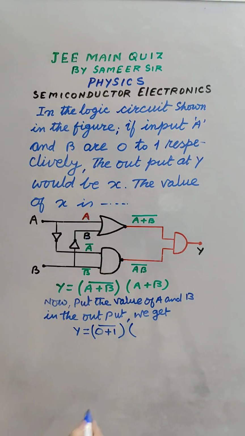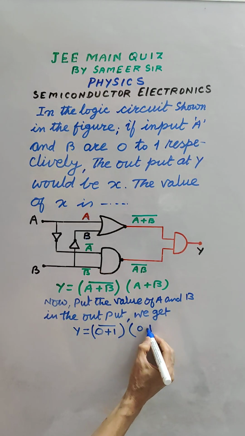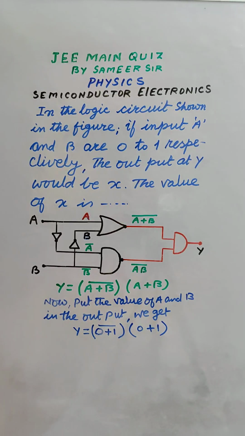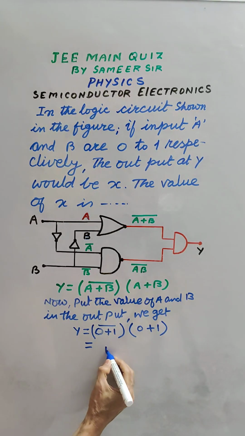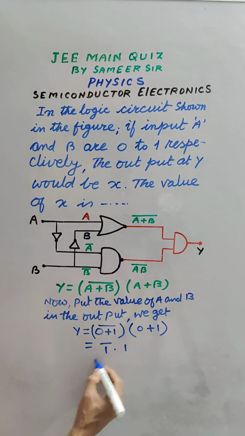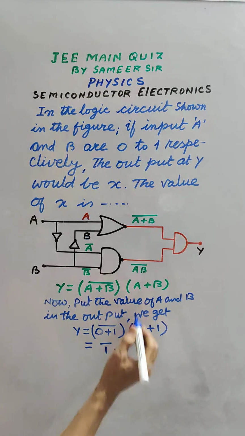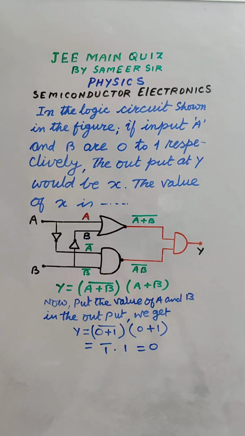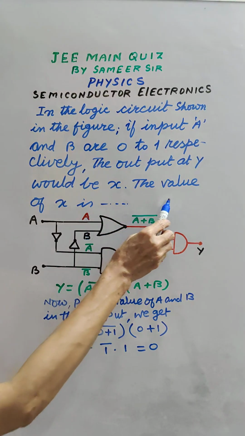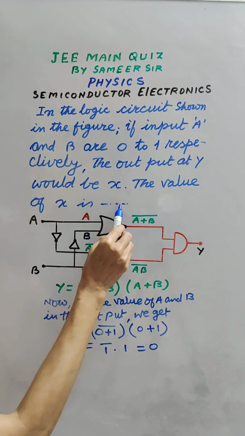So that will become 1 bar into 1, which is equal to 0. This way our correct answer is 0 here. The value of X will be 0 here.